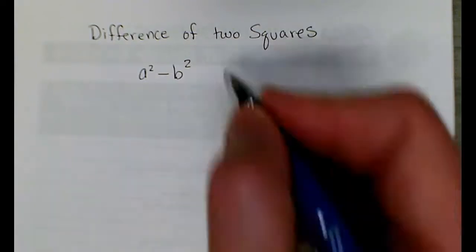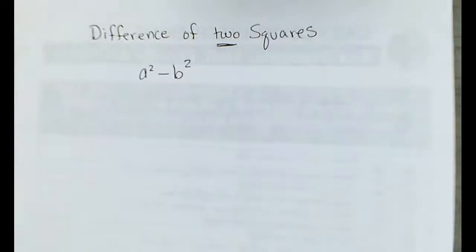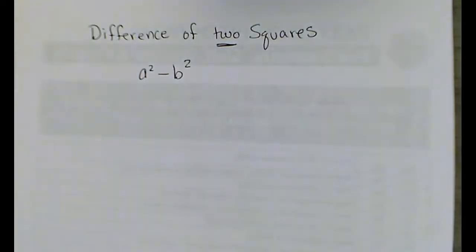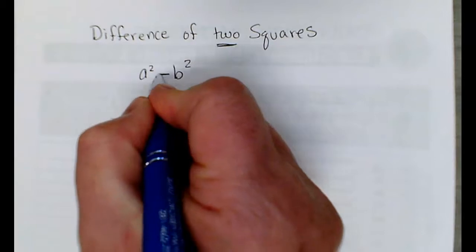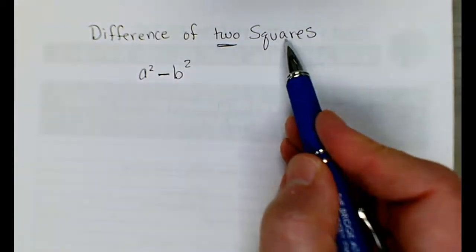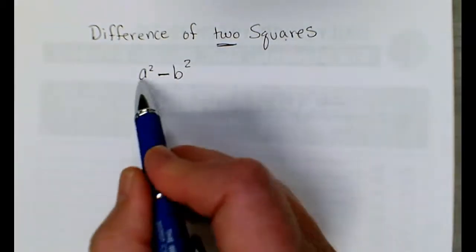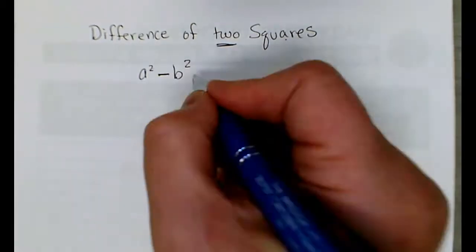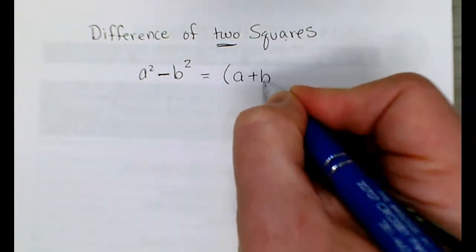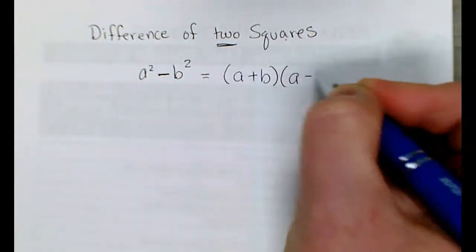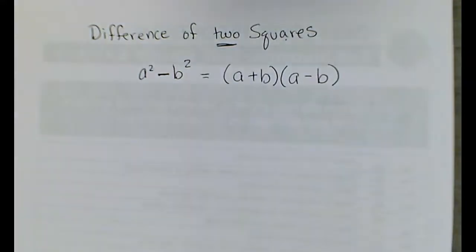Do you know why I would call that a binomial? It has two parts. Do you know why I would call it a difference? Do you know why I would call it a square? Because A is squared. And when I factor it, it always factors into this pattern.